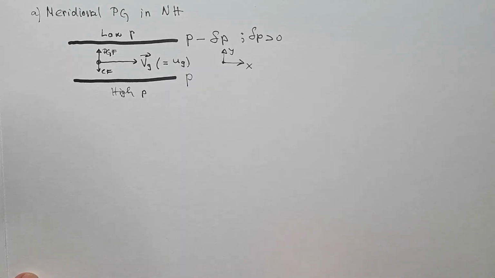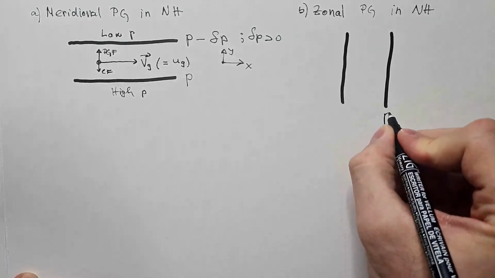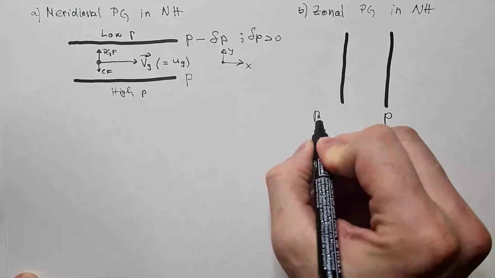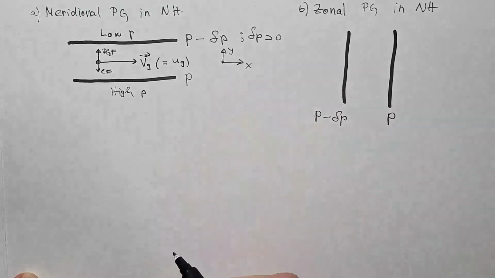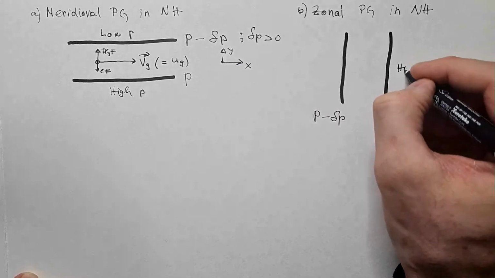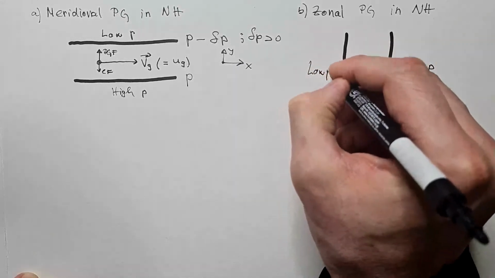Now let's look at a purely zonal pressure gradient in the Northern Hemisphere. So if we have pressure P here, let's say here is lower pressure, P minus delta P, where delta P is again positive. So this would be high pressure, and over here we have low pressure.